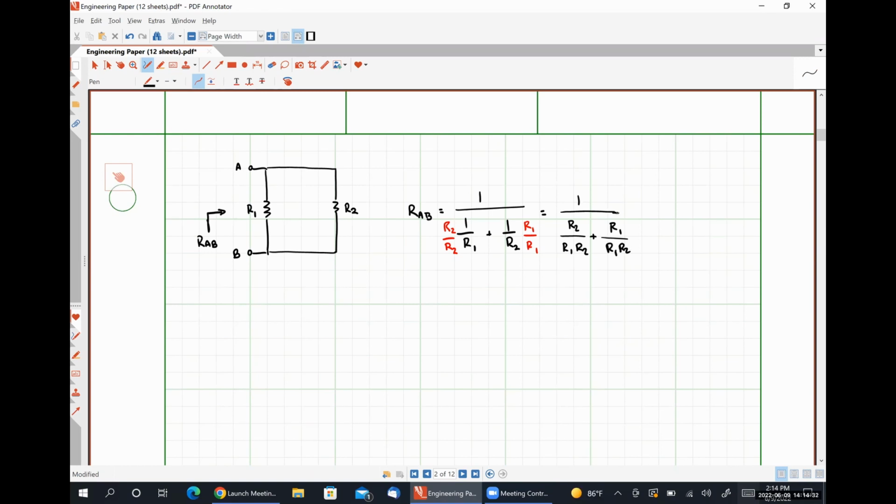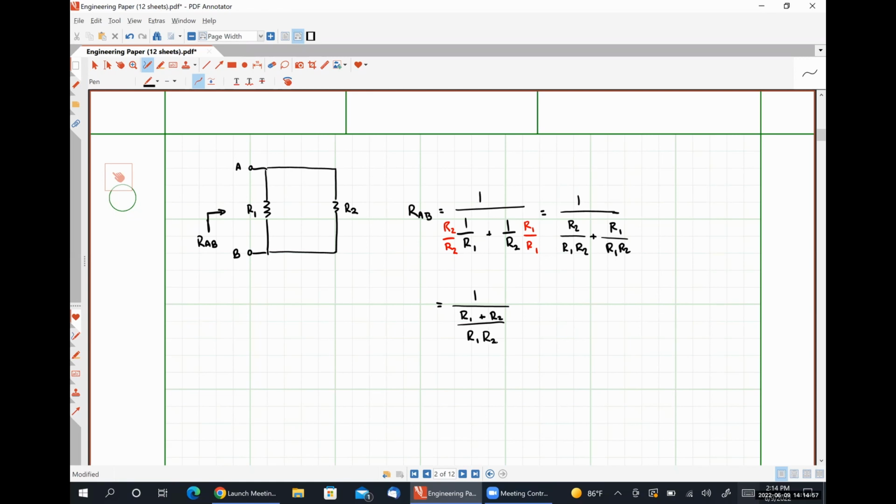Since our fractions in the denominator have a common denominator, we can lump these together such that we will have 1 over R1 plus R2 divided by R1 times R2.